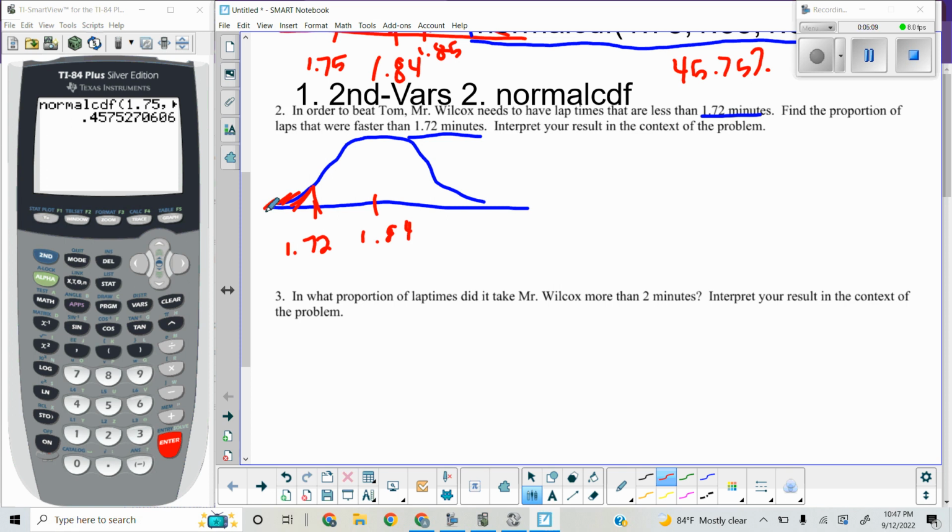So you might be like, but we only have one bound. That is true. So we need to think of a really small number that we could put in.